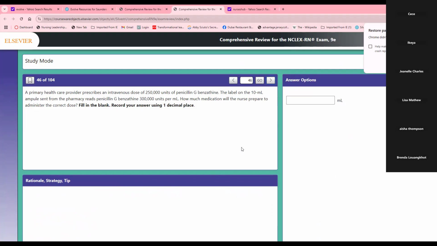What's the question asking us, and then how are you going to set it up? How much medication would the nurse prepare to administer for the correct dose? Okay, so what's the formula here?